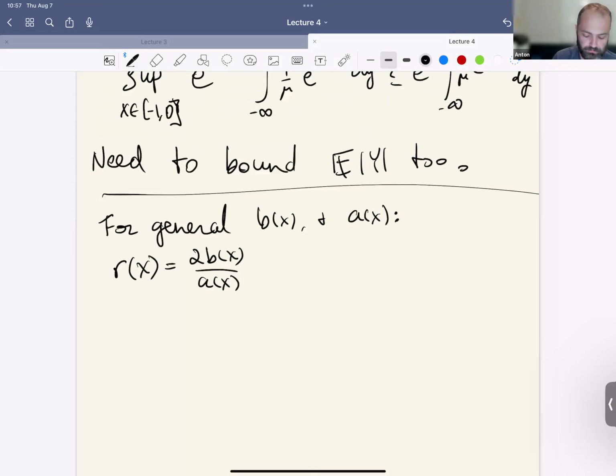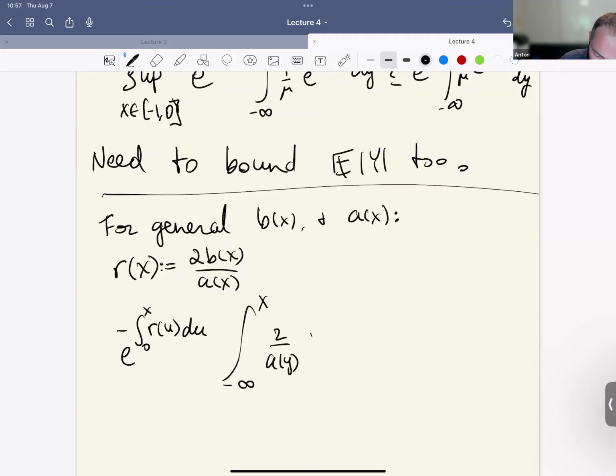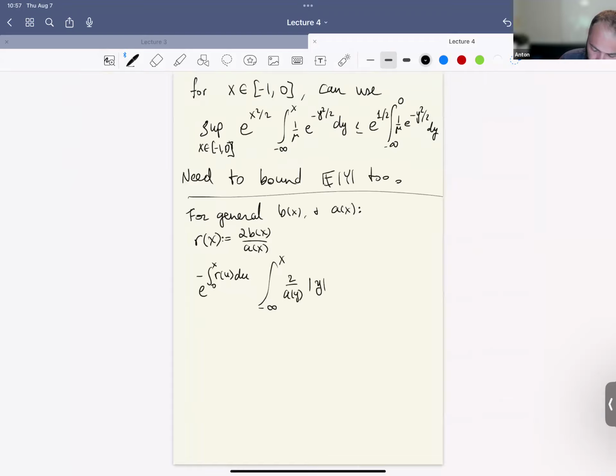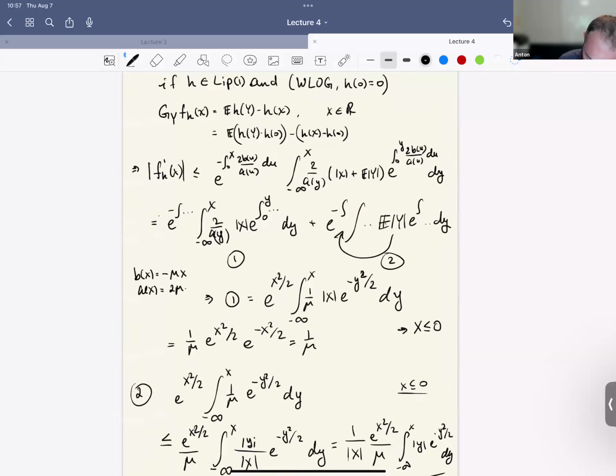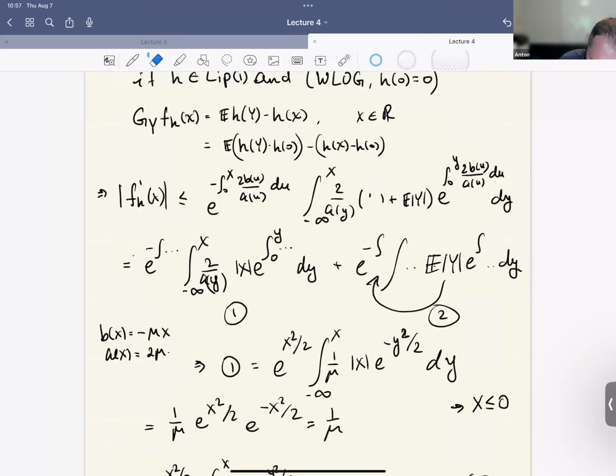So I'm just going to introduce R to be this ratio. And then I care about the integral of the negative ratio R of U du, from negative infinity to X, 2 over A of Y, absolute value of Y. I just reminded myself that there's, of course, a typo here.